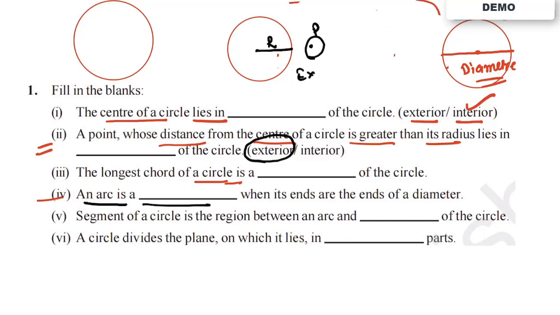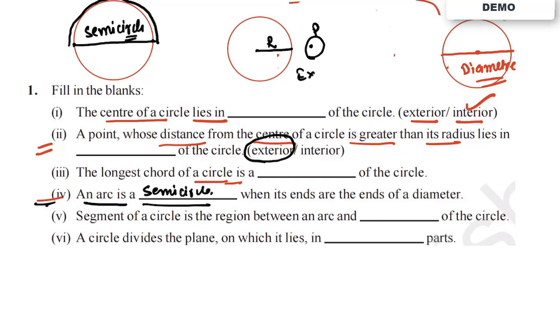So the ends of the diameter, let me draw it. It is asking about the arc, so it is asking about this portion. You already know a diameter divides the circle into 2 equal halves that are known as semicircles. So that would be semicircle. Let me write it.